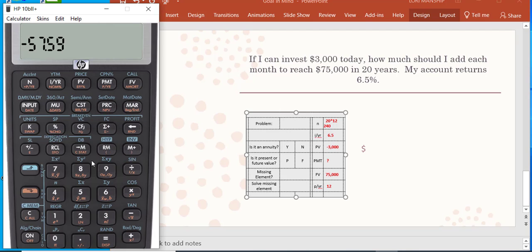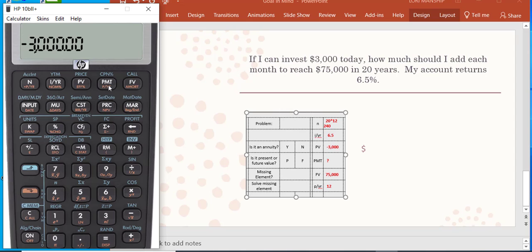And we'll go ahead and type those numbers in. Clear your calculator from our last problem. Orange C, and 240 N, 6.5 I/YR. And the way you do your numbers for when it's negative, you type in the number, then you hit your negative sign, which is right above the blue number, and then you'll hit present value.